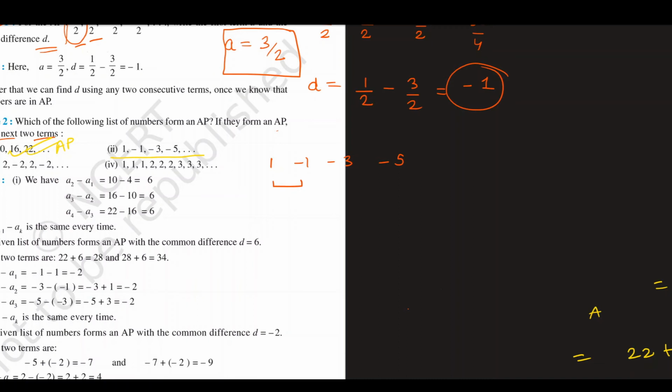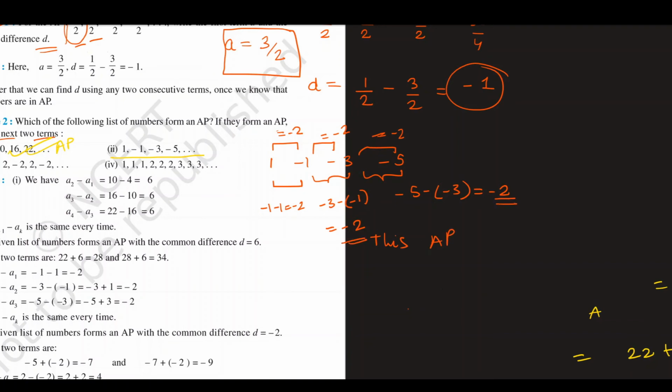The difference between the first two terms is minus 1 minus 1, that is minus 2. This difference is minus 3 minus of minus 1, which is again minus 2. Then this difference is minus 5 minus of minus 3, which is again minus 2. Hence, this is an AP as all differences are minus 2.